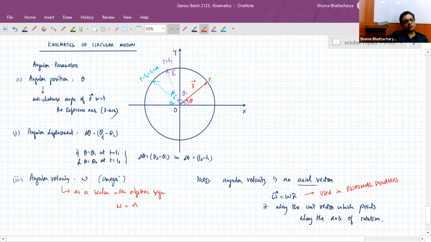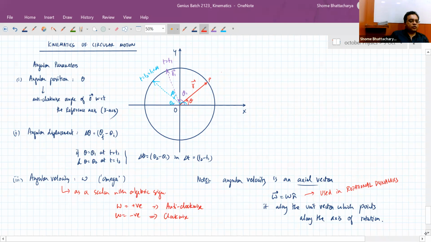So angular velocity being positive implies that it is an anti-clockwise circular motion, and angular velocity being negative means that it is clockwise.